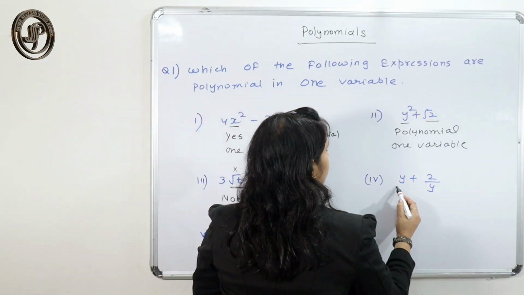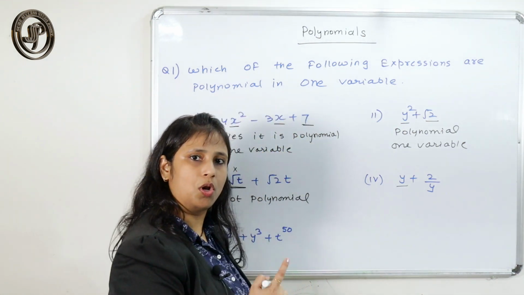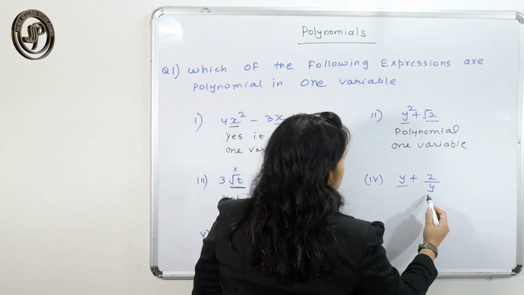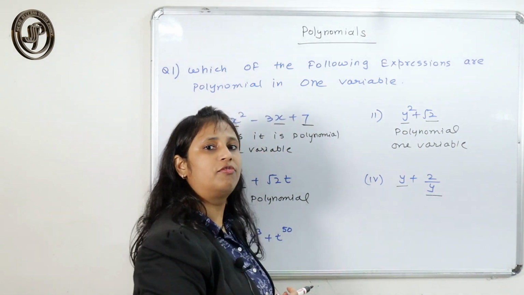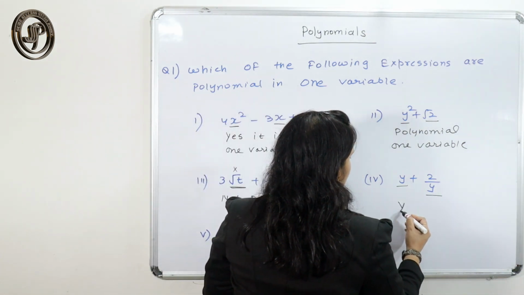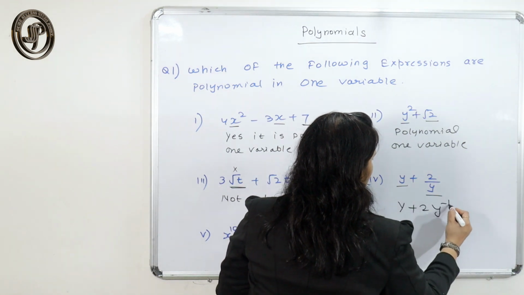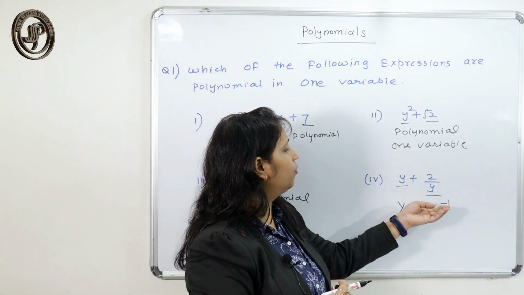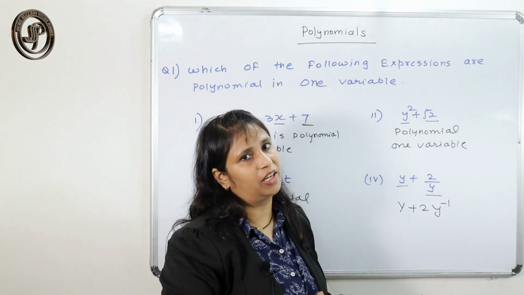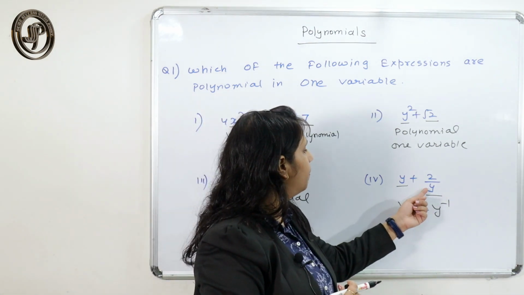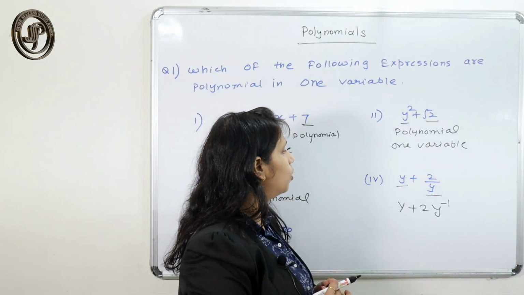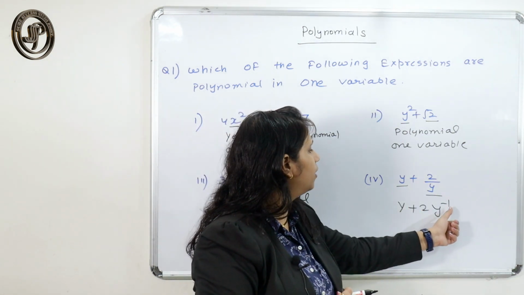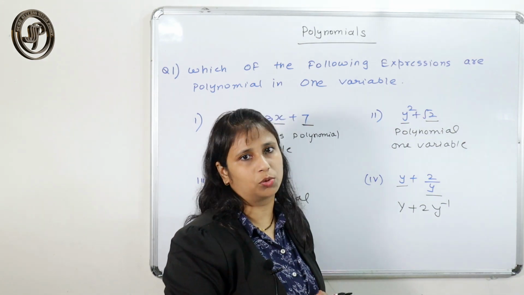Here again for this term the power is the whole number 1. If I check the power of y here, I can rewrite this expression this way, because we want everything in the numerator only. If I bring this into the numerator, I'll get y raised to power minus 1.